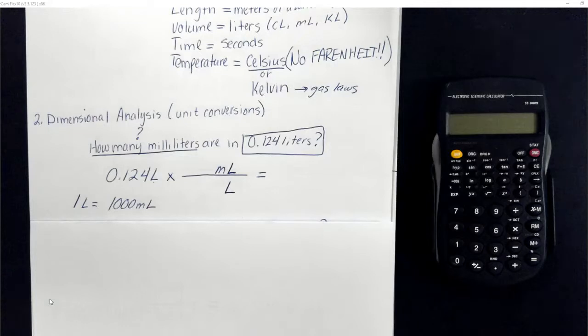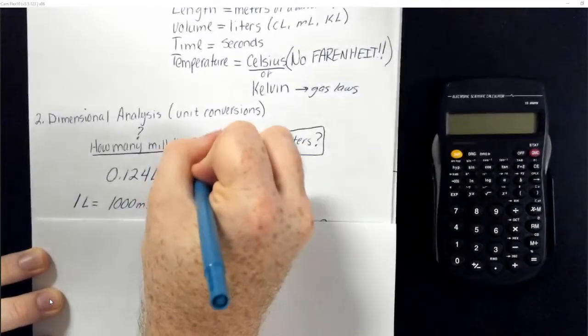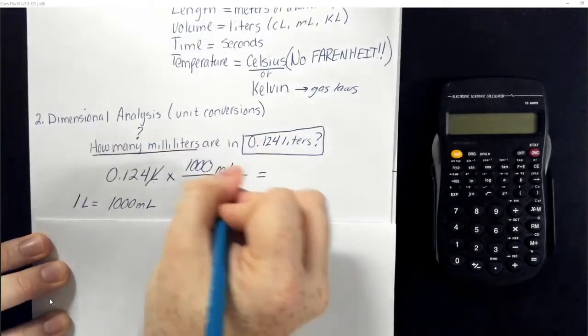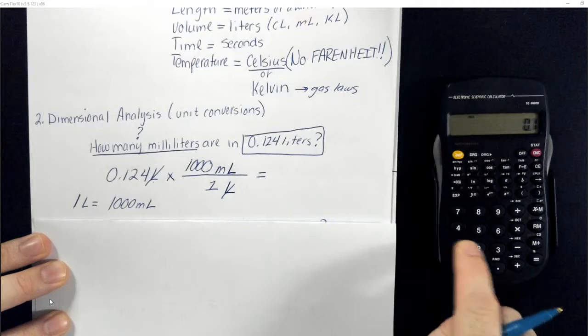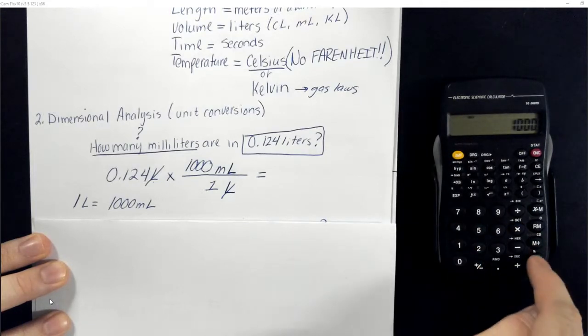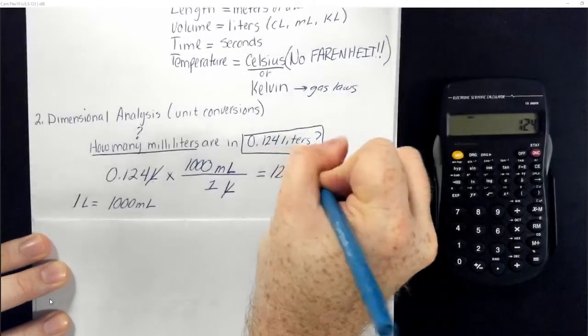Now you just plug in the numbers. 1 liter, 1,000 milliliters. Liters cross cancel. All you're left with are the milliliters. Then you plug it into your calculator. 0.124 times 1,000 is equal to 124 milliliters.